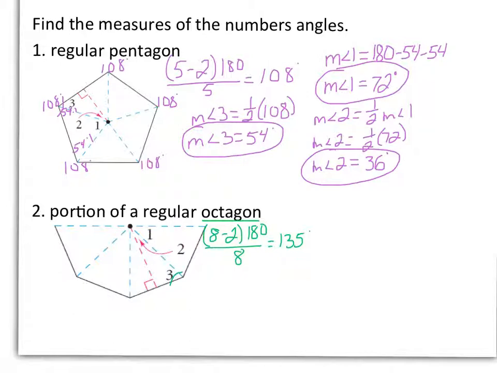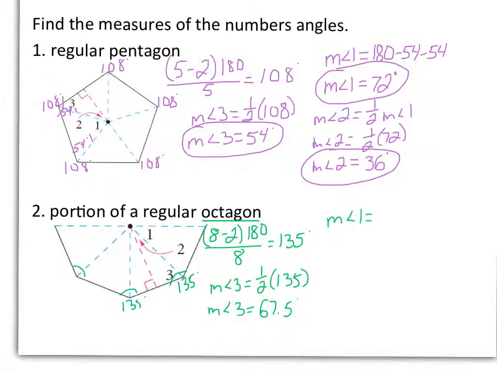So that's the entire angle here and here. So all these angles. Okay, so the measure of angle 3 will be half of 135, or 67.5 degrees.